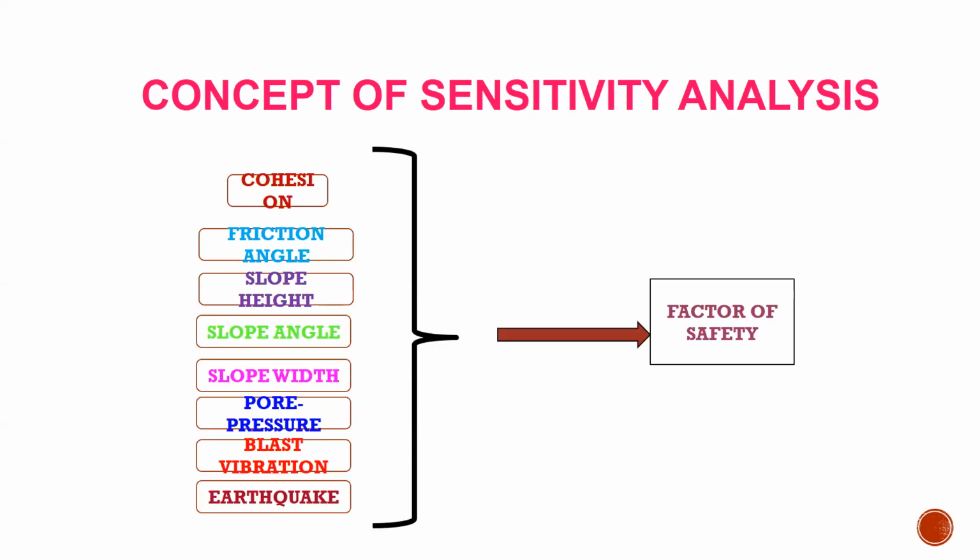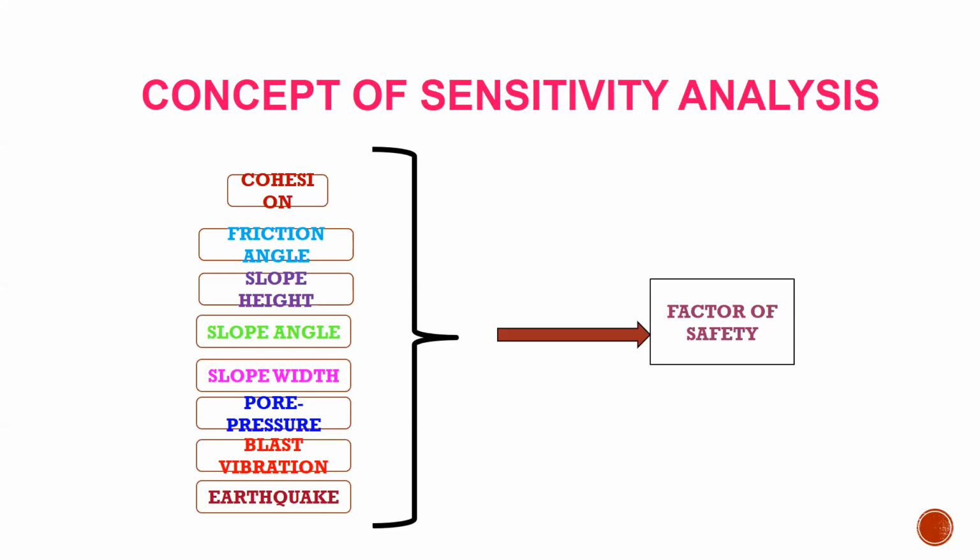Now, if we take into account all these parameters into our concept of factor of safety, then each parameter has some influence on the overall factor of safety. So if we take 1, 2, 3, 4, 5, 6, 7, 8 parameters, and take one parameter keeping 7 parameters constant, then we can correlate the influence of cohesion.